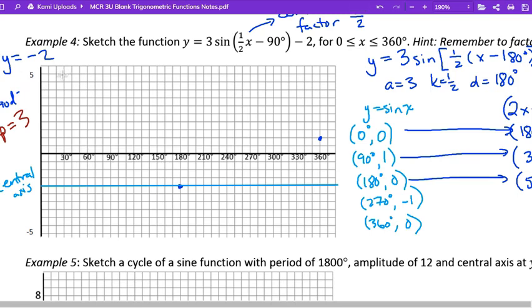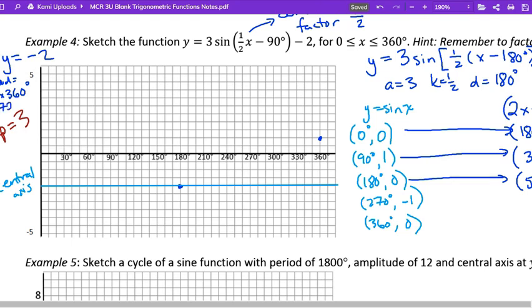I need more space. Period is going to be 360 divided by k, but because our k is 1/2, it's going to be 2 times 360.